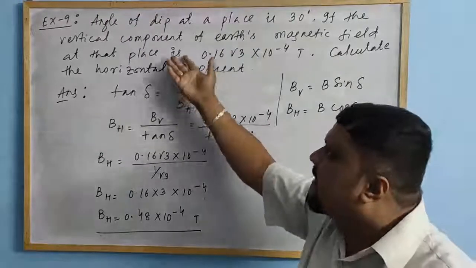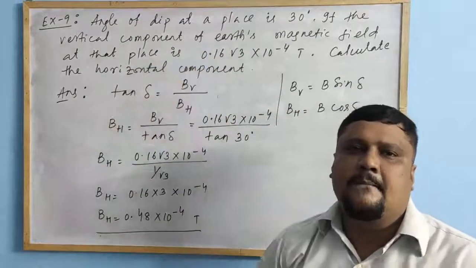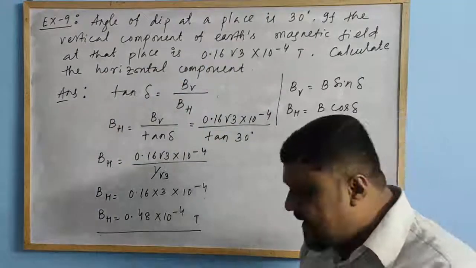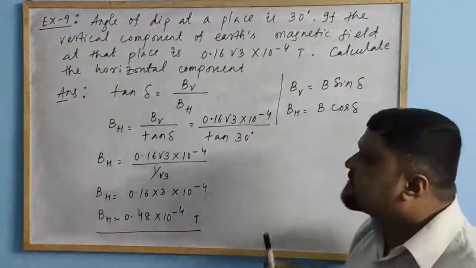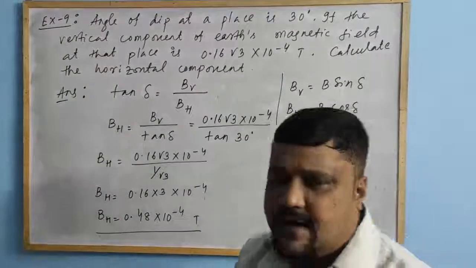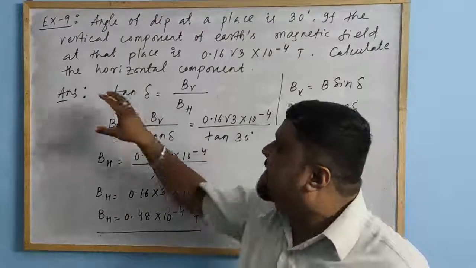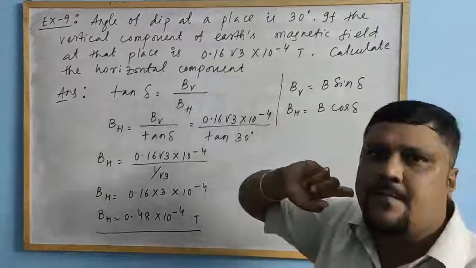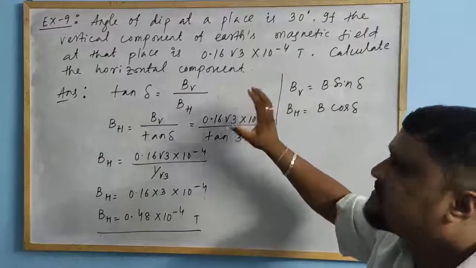I have solved only two examples from the magnetic elements of Earth. So my point is that you go in detail through the other problems and examples, then you get a clear idea about the total topic. I think this is the last video for the problems on magnetism.